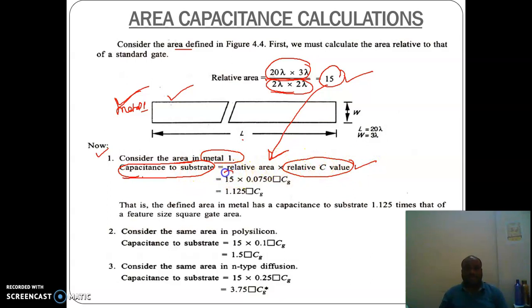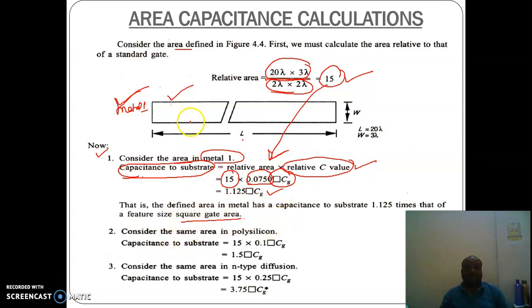The relative area just now calculated is 15, and the relative C value from the table is 0.075 times the standard unit of capacitance. So in total that is 1.125 times the standard square gate area capacitance, Cg.